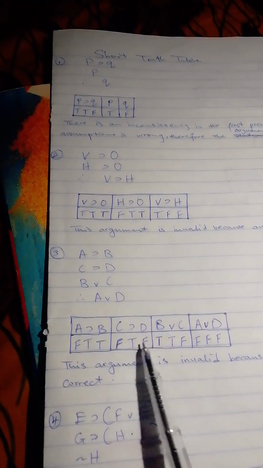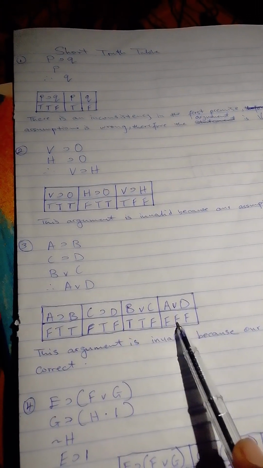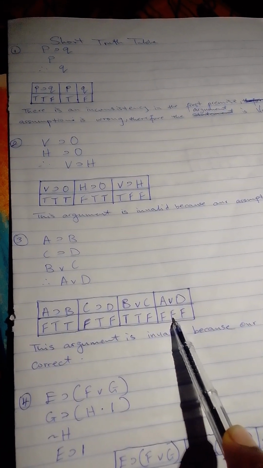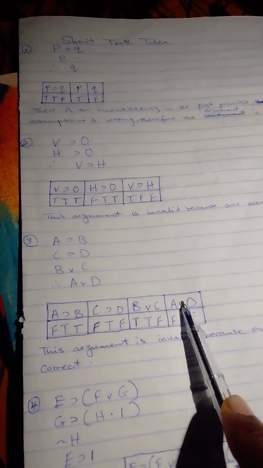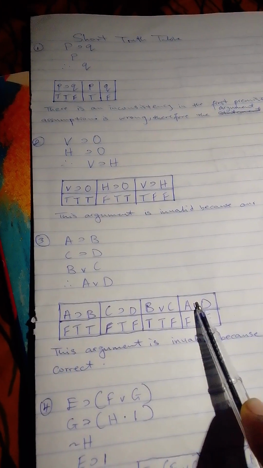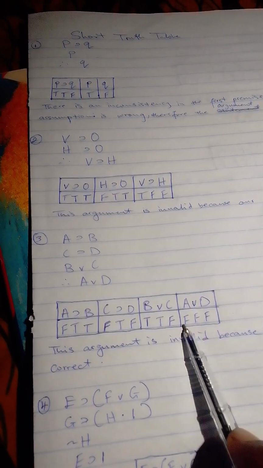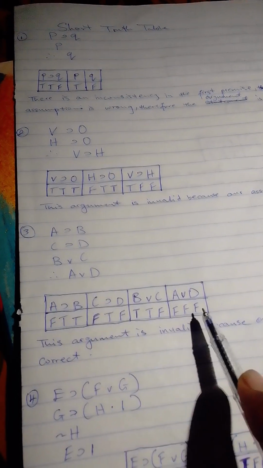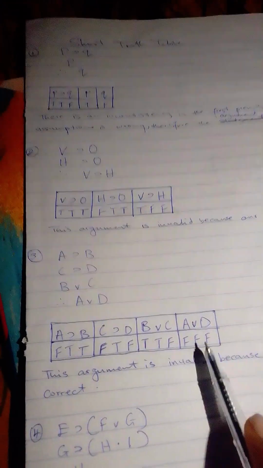That's why we have true, and the conclusion false. So for us to get this false, this is a disjunction. In a disjunction we only have false whenever we have false and false. That's why we put our disjuncts false, false, to get this false.